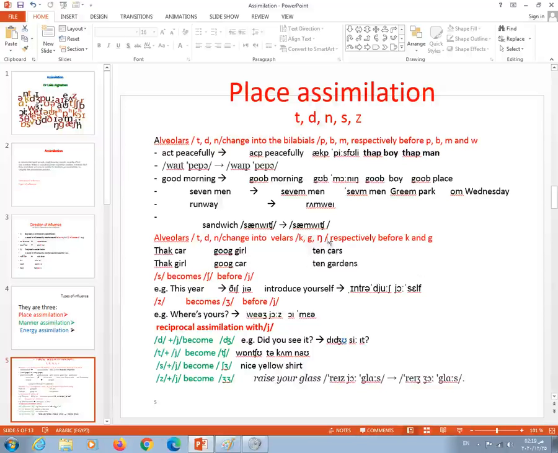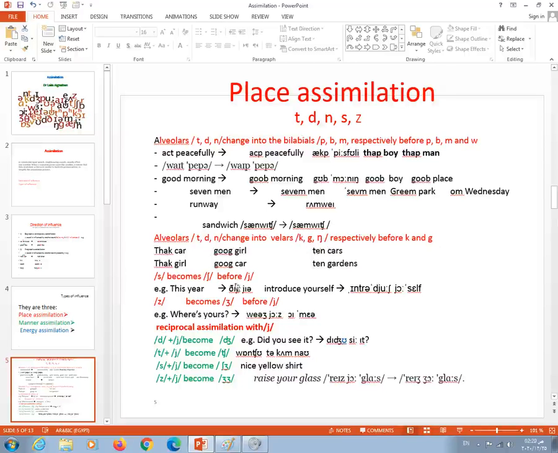Here we have three consonants t, d and n. They become bilabial after bilabial consonants b, p, m and w, and they become velar after velar consonants, which are k, g and ng. So with the bilabials they become bilabials, turning into p, b, and m. And after the velars they turn into velars: the t turns into k, the d turns into g, and the n turns into ng.